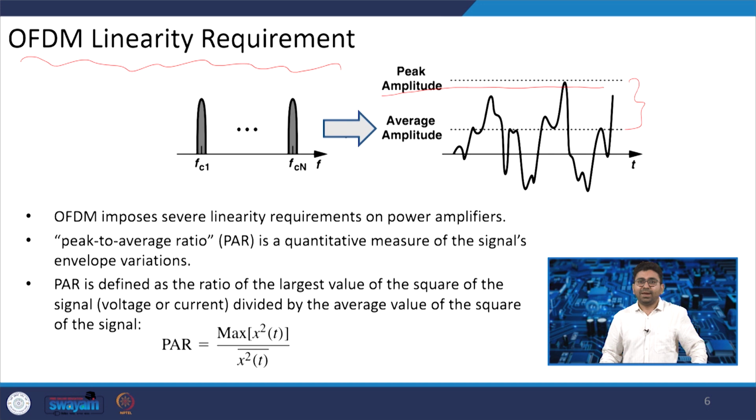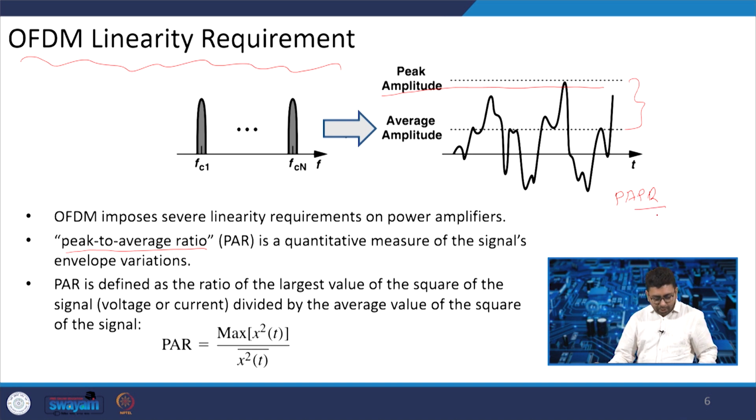So, your power amplifier should be linear, so that it has the similar pattern which we have made through the OFDM signal that will go over the air. So, this is also called the PAR, peak to average ratio. This is also called PAPR, peak to average power ratio.